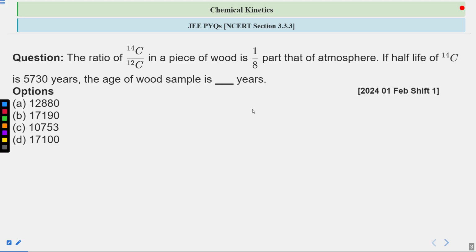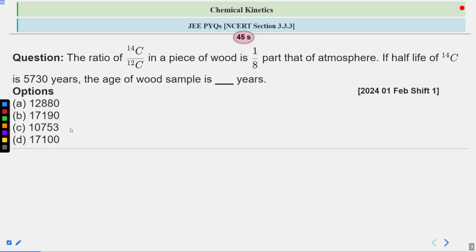This question was in the 2024 JEE examinations. The options provided are 12,880, 17,190, 10,753 or 17,100. So you have been given some time.